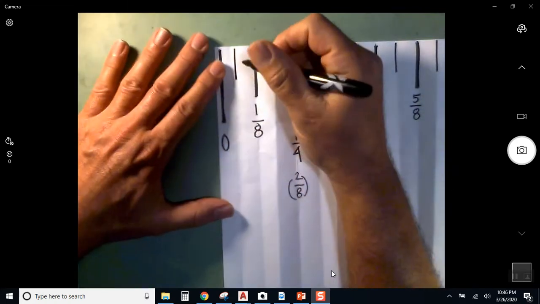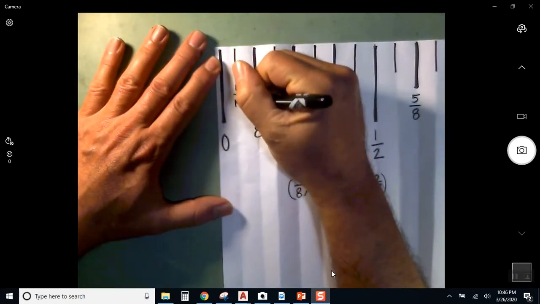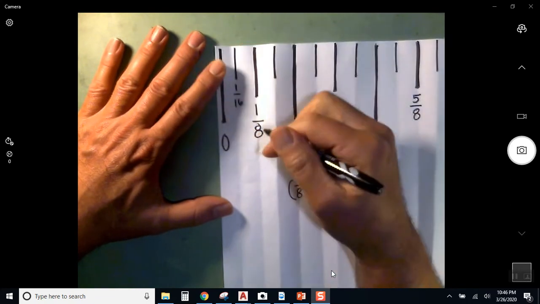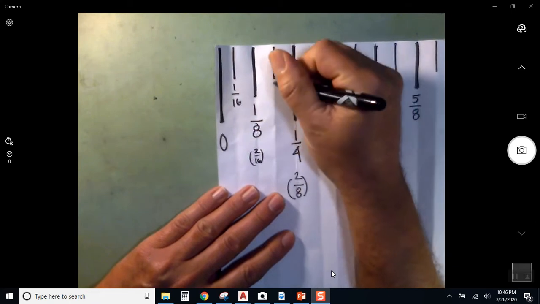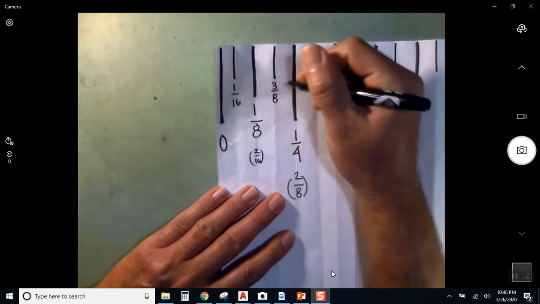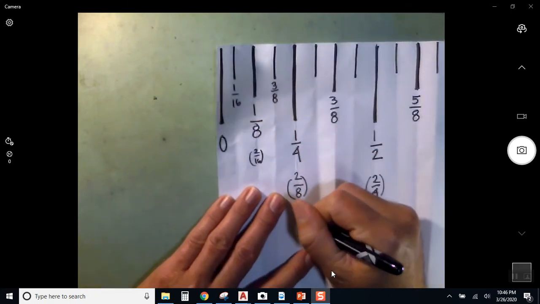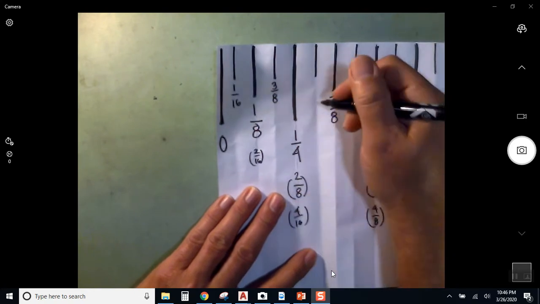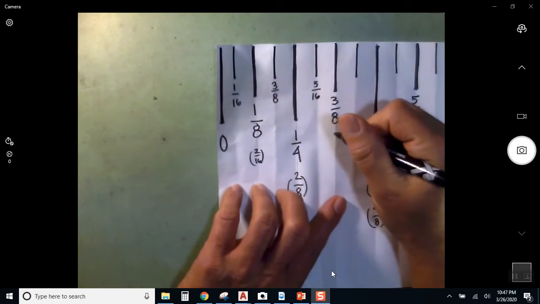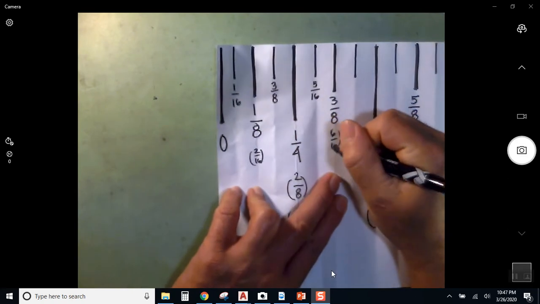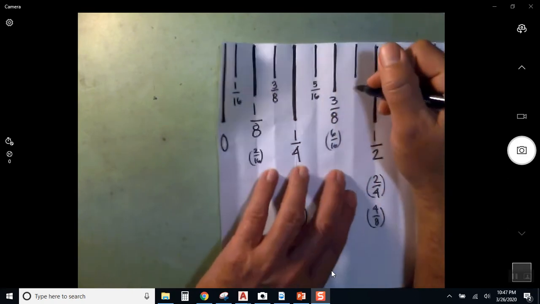Alright, so 1/16 is our first increment. 1/8 is really 2/16, right? And then we have 3/16. 1/4 would be 4/16, which makes this 5/16. 3/8 is 6/16, reduced down, right?